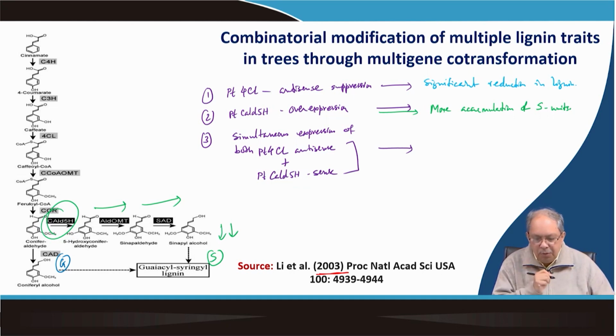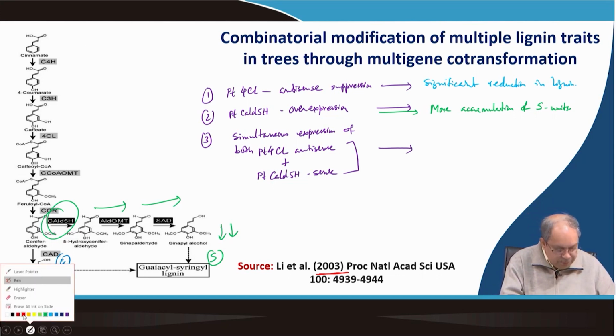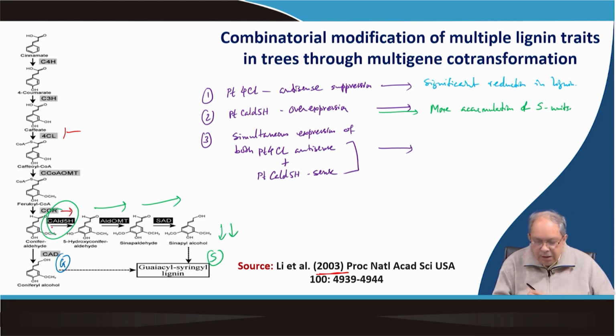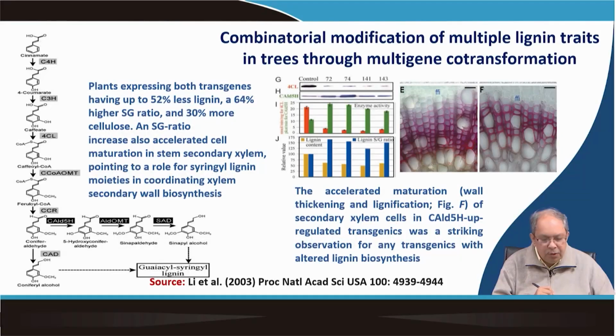And the third one, what they have done, they block this 4Cl, and then they overexpress this one, and as a result what is going to happen I will try to tell you.